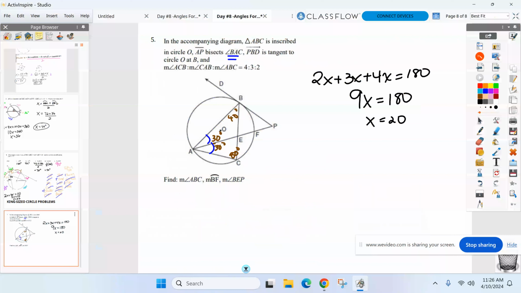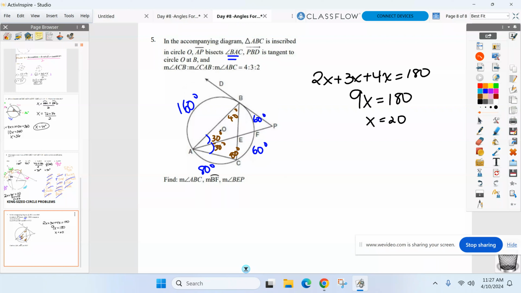So going in reverse, if angle C is an 80-degree inscribed angle, the arc it connects, BA, has to be double it. Arc AB is 160. Arc AC, double 40, has to be 80. Arc CF and BF both have to be double the 30s, 60 degrees each.